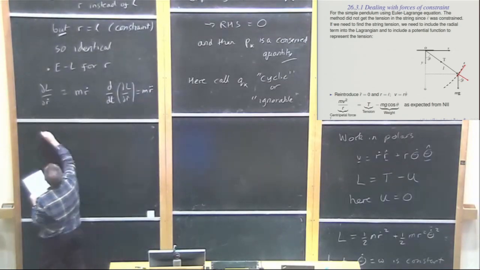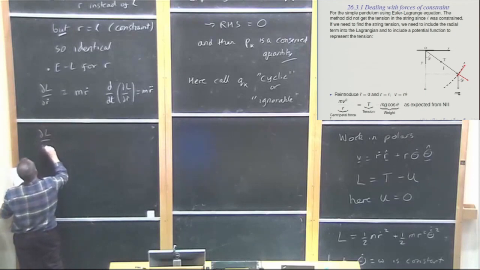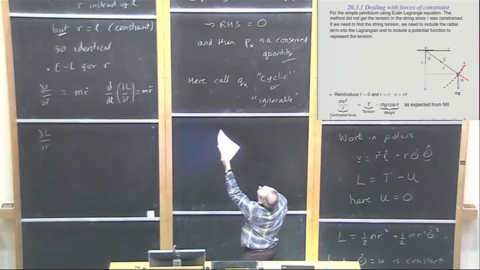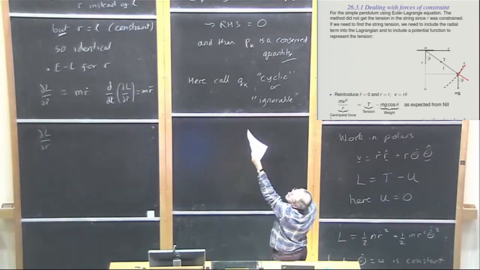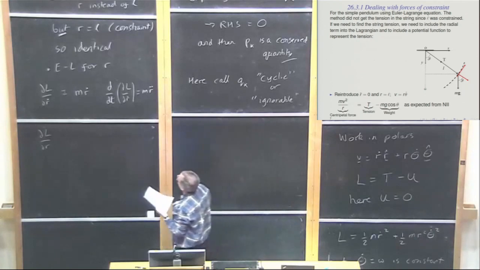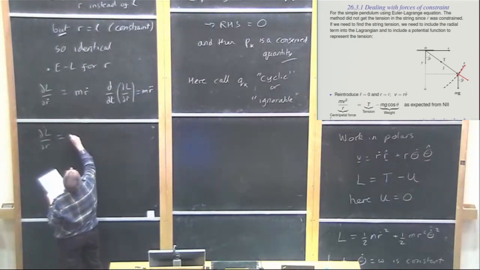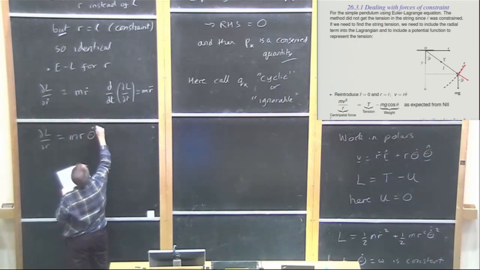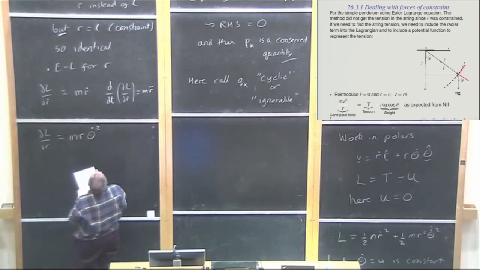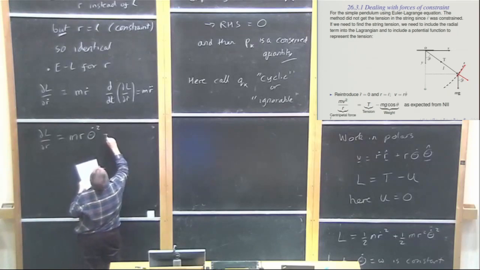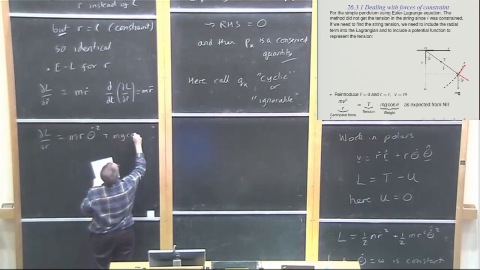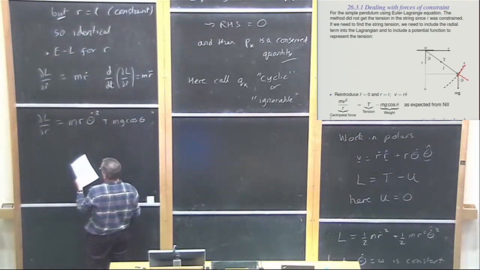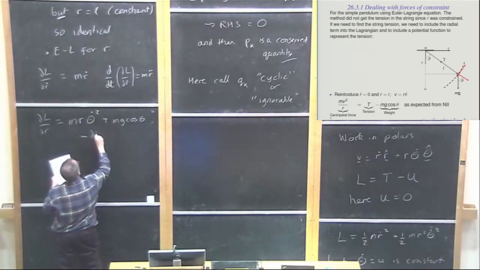But we also need dL by dR, and the second term depends on R, so that gives me mR theta dot squared, plus mg cosine theta, and then minus dV by dR.